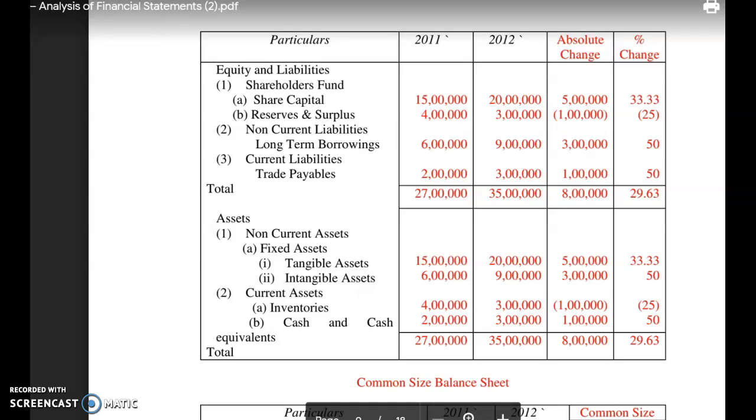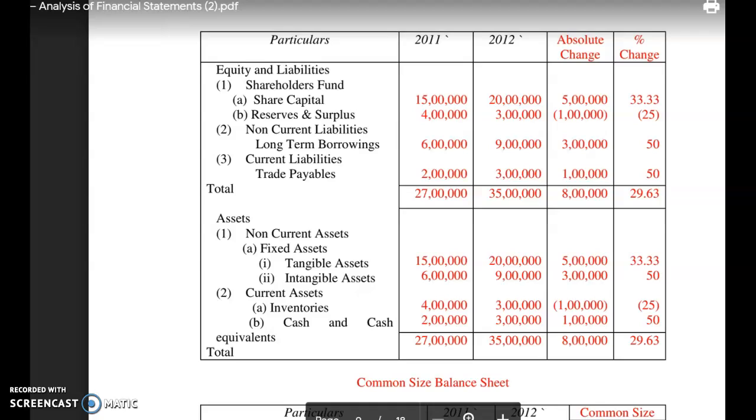For the next item, non-current liabilities, long-term borrowings: base year 6 lakh, current year 9 lakh. Absolute change 3 lakh. In terms of percentage, it is 50%, that is 3 lakh divided by 6 lakh. In the case of current liabilities, trade payables: base year figure 2 lakh, current year figure 3 lakh, absolute change 1 lakh, and then 1 lakh divided by the base year figure 2 lakh into 100 comes to 50%.